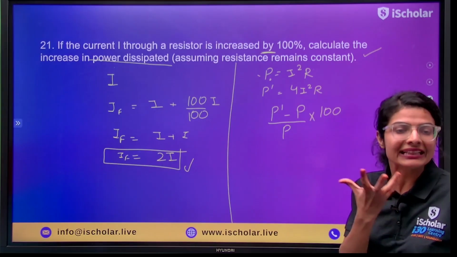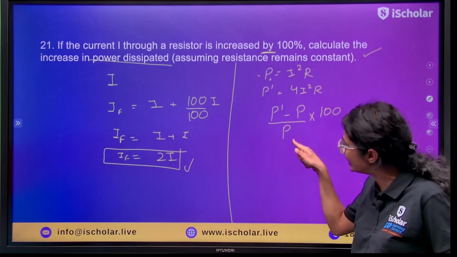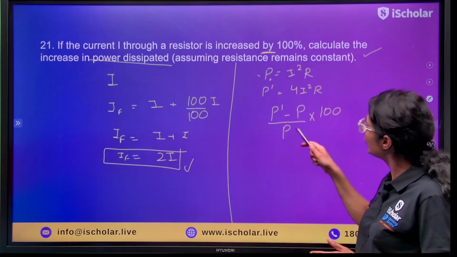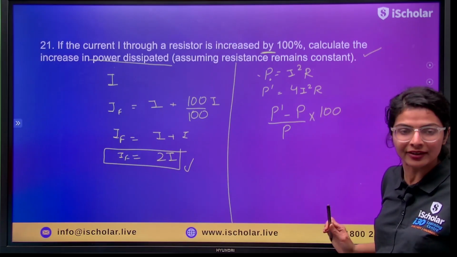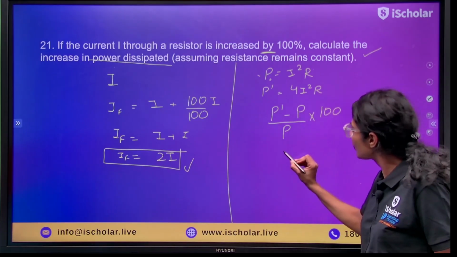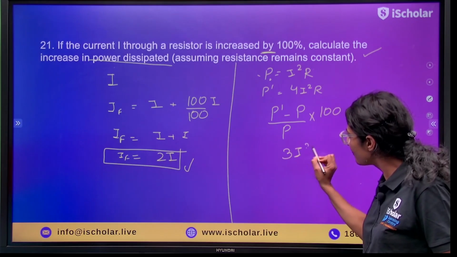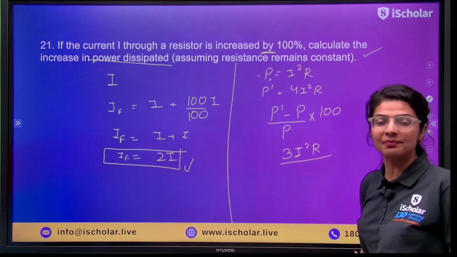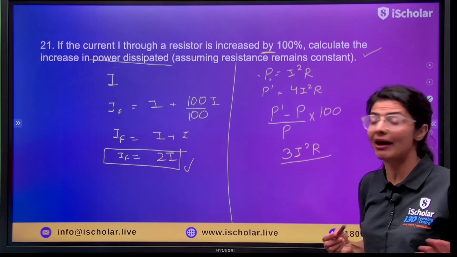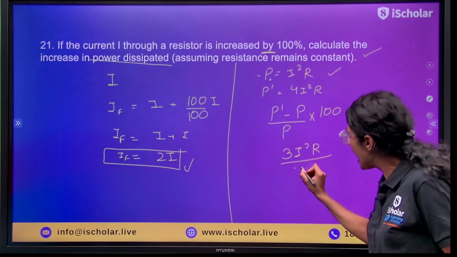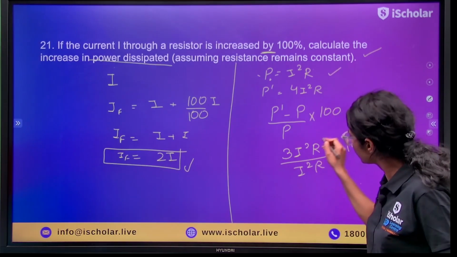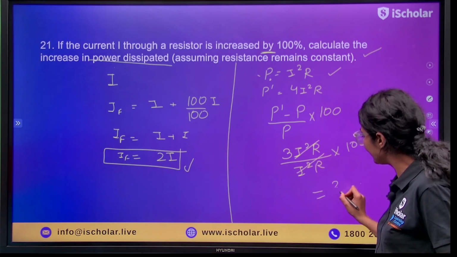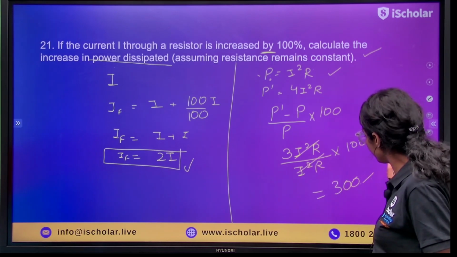If you are writing in the fraction format, you will write the initial one in the denominator and then you will multiply by 100. So what is P dash minus P? Students, that is 3I square R divided by the initial power, I square into R, into 100. So you will just multiply this and you will get 300%.